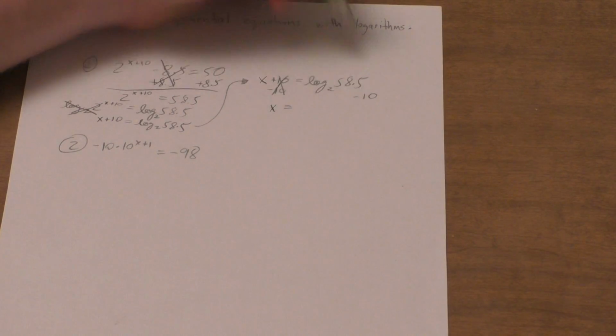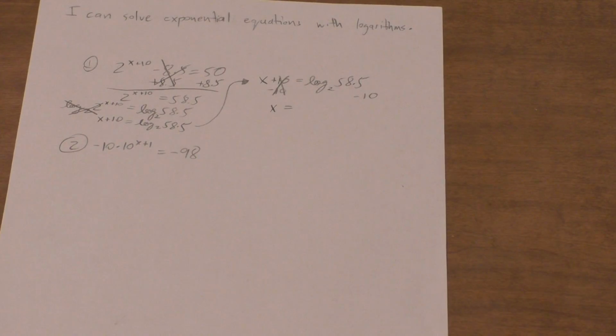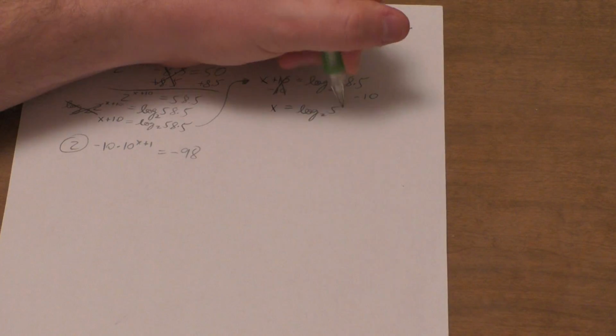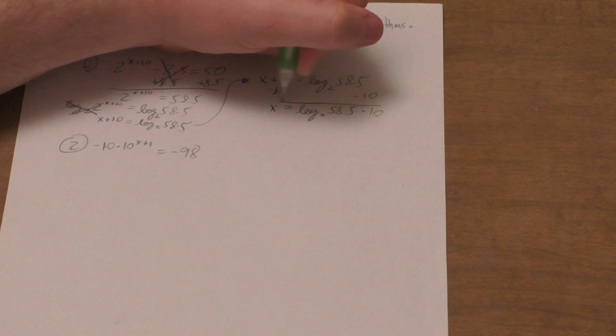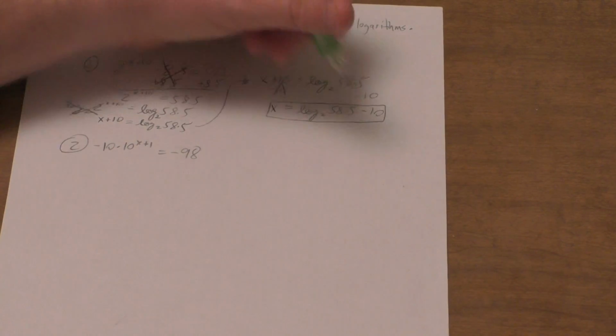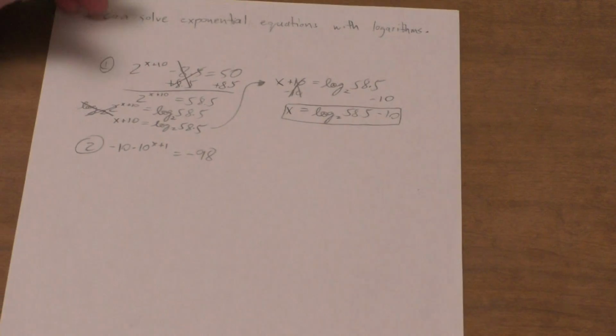Log base 2 of 58.5 is not a like term with negative 10. So all you have to do is leave this, and that right there is your answer. You can get a decimal approximation of this if you plug it in your calculator, but I won't force you to do that. Okay. Let's see one more.